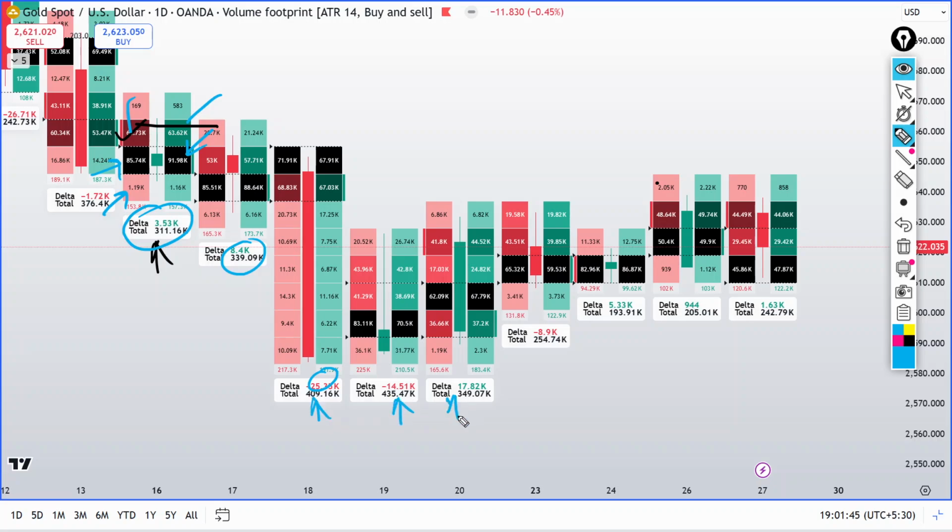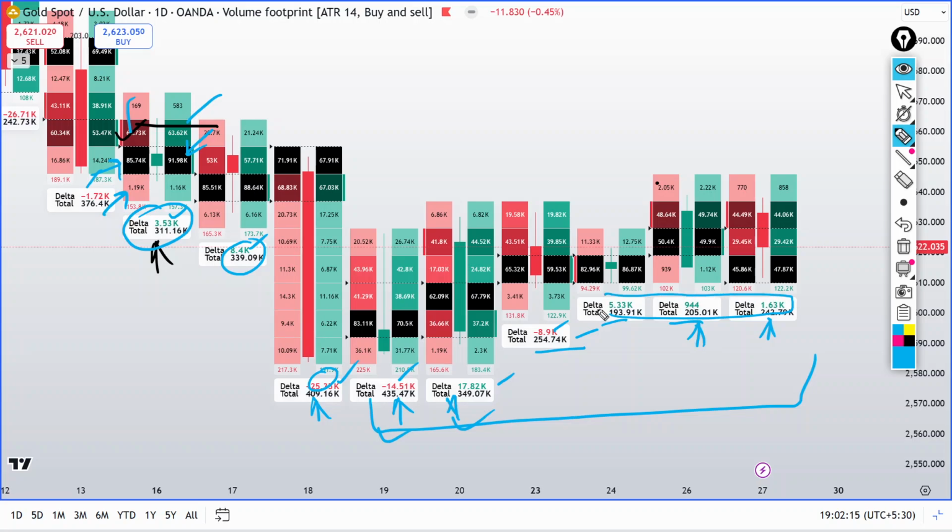After these 2 days, on 19th and 20th December, the total volume shows a continuous decrease. So the volume on these days was very low. Also in delta we have seen a gradual shift. Overall the delta was negative, positive, positive, negative, negative, positive, negative, and you can see a low but positive delta.